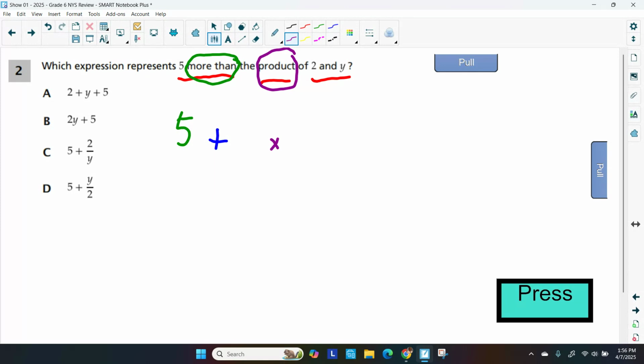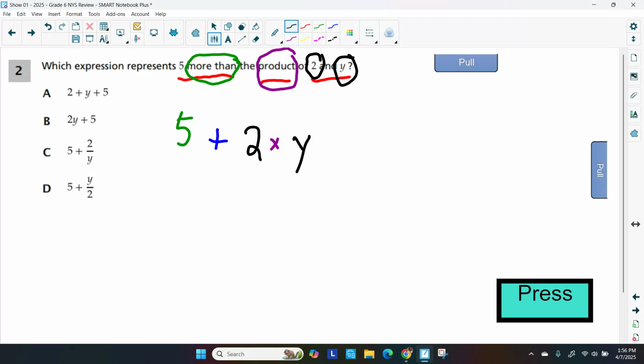And what am I multiplying? It looks like I'm multiplying 2 and y. So, and let me put down and circle that. So that's really what it looks like. 5 plus 2x, 2 times y.